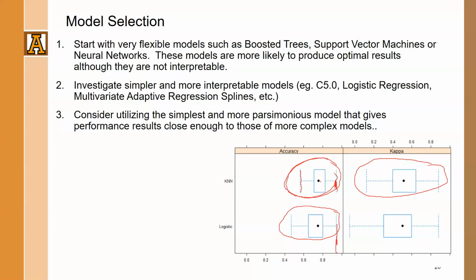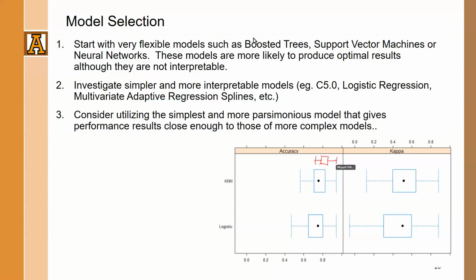If I had a different situation, for example, if instead of having this chart like this, I had it like this, and let's suppose I'm making up here that this is neural networks, then I would choose this one because it has higher values for the accuracy and smaller variance.